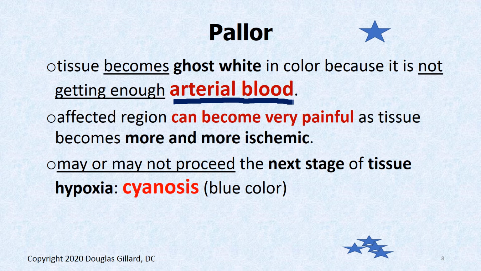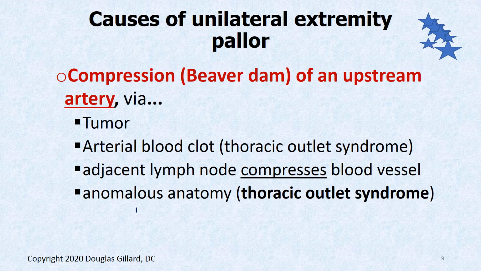So that has nothing to do with a beaver dam with a DVT or anything like that. That causes a red color. But for white, it means that the tissue is not getting enough blood, and it's starting to become deoxygenated, and it can start to get painful at that point. And if something's not done, it can start looking blue, and that's even more concerning.